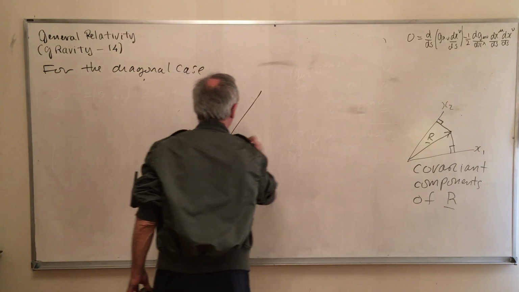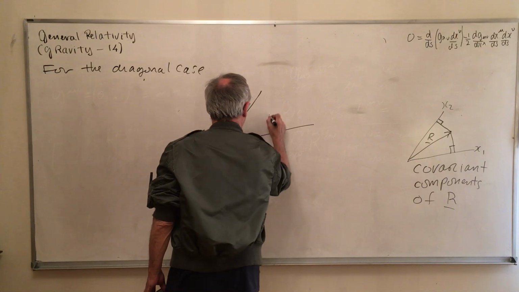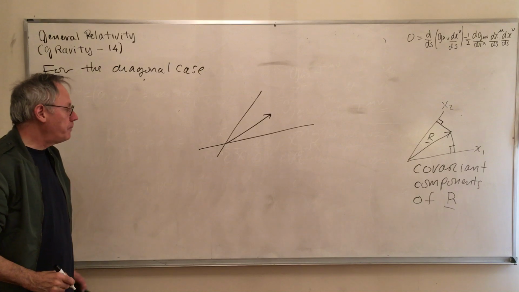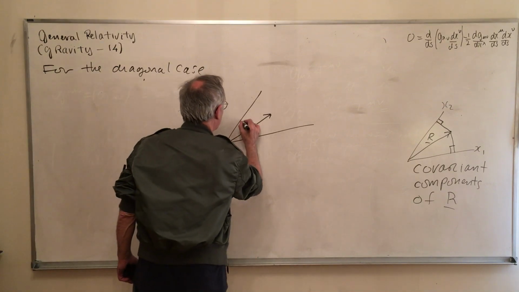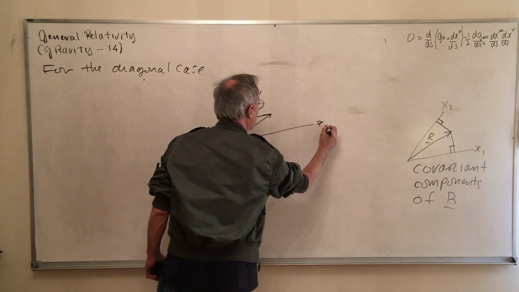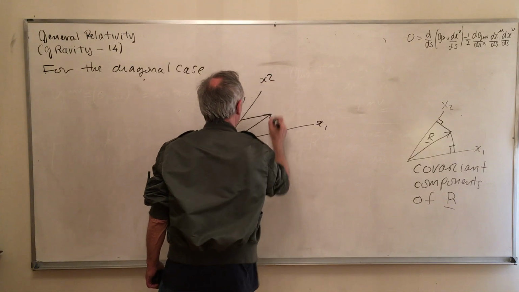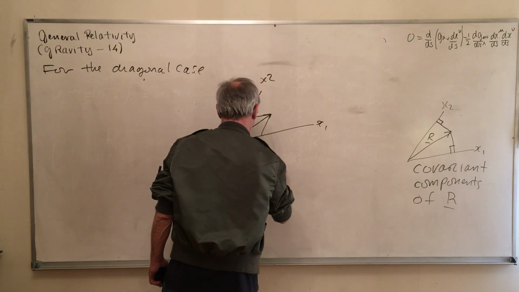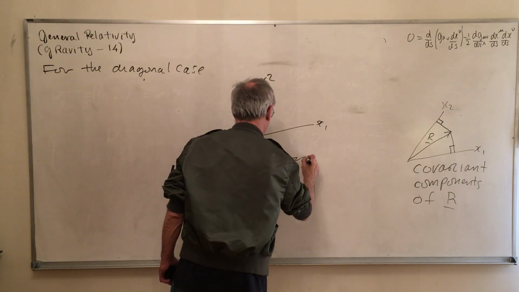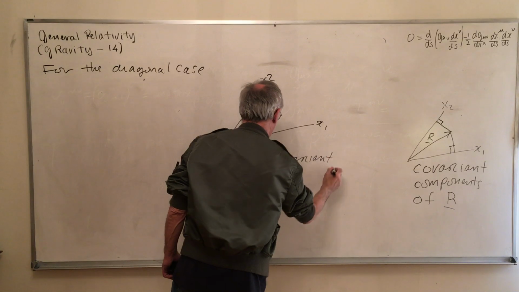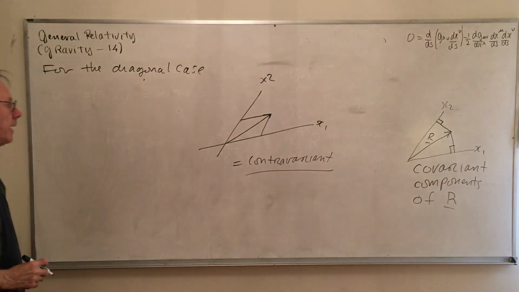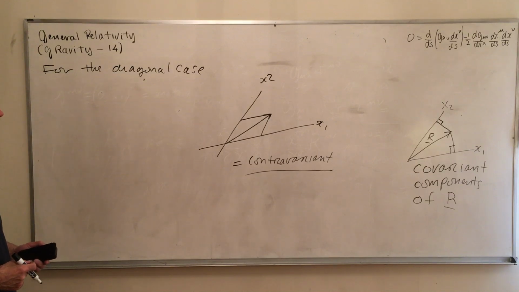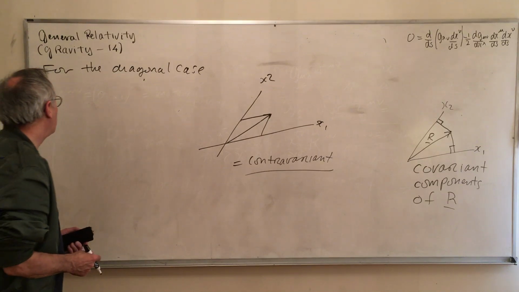We look at the same triangle and the same point, which is the tip of the position vector, we measure components parallel to x1 and parallel to x2 to get the contravariant components, right? And then it becomes a mess seeing how this works. That's just good enough for us for now.